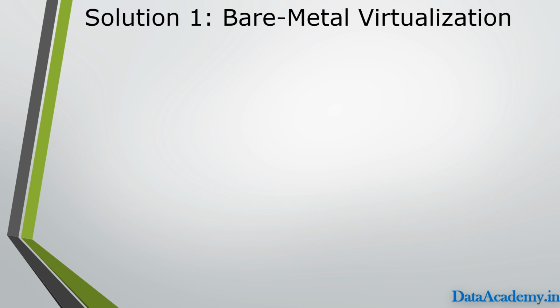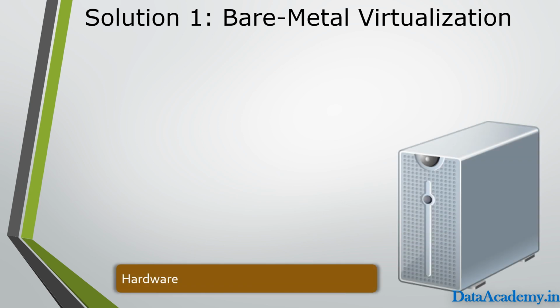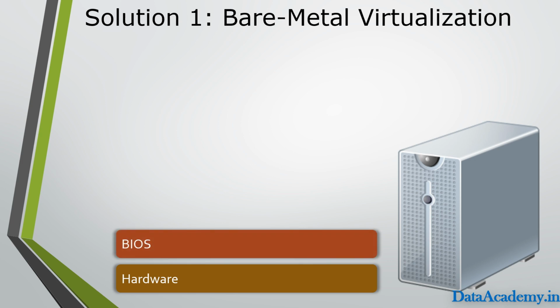So the industry recognized these 2 challenges, and they came out with virtualization as a new concept. So what is virtualization? Let's look at it with a simple architecture diagram. So we have the hardware, we have the BIOS as usual. Then we do not install the operating system.